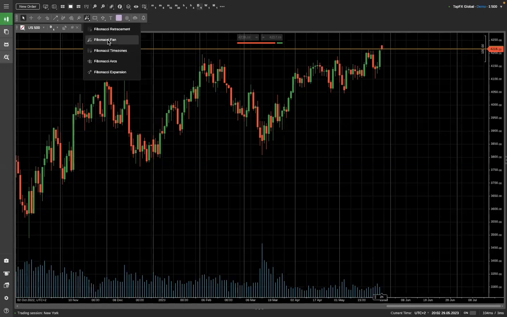Why does it use the Fibonacci ratio? To predict support and resistance levels on the chart. The Fibonacci Fan will be using the y-axis and x-axis simultaneously, so price and time at the very same time.